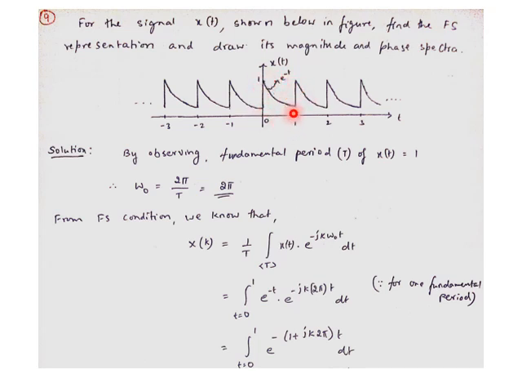As the pointer is showing here, 0 to 1, the exponentially decaying graph is repeated, and for every remaining fundamental period, 1 to 2 it is repeated, and again 2 to 3. Similarly, to the negative side also it is repeated. So by observing this waveform, we can say the fundamental period for the given x of t is equal to 1. So this is the fundamental period.